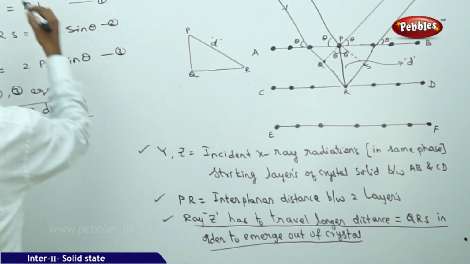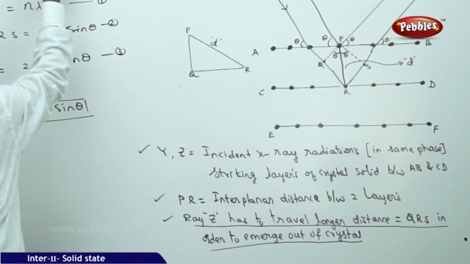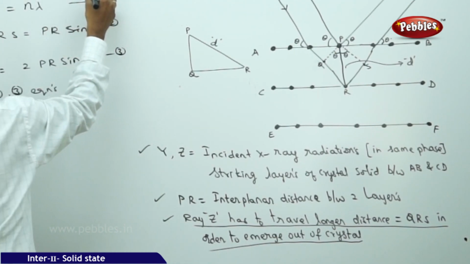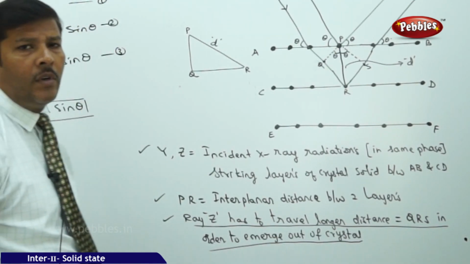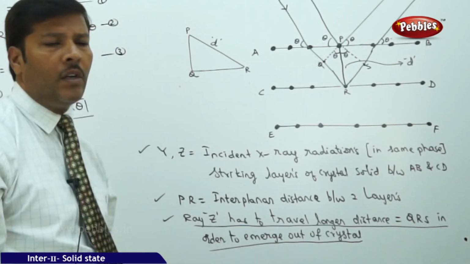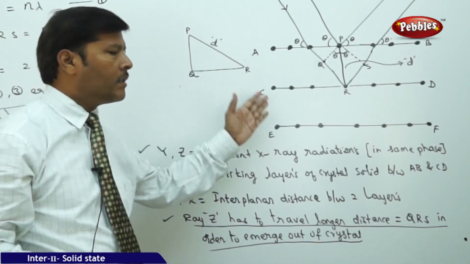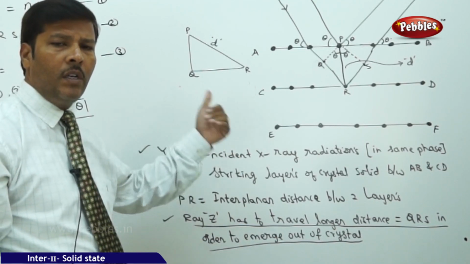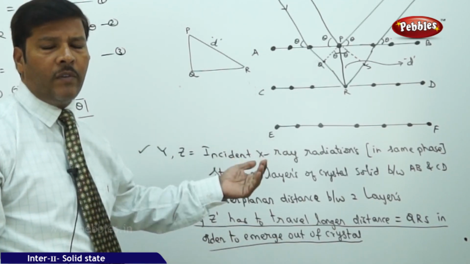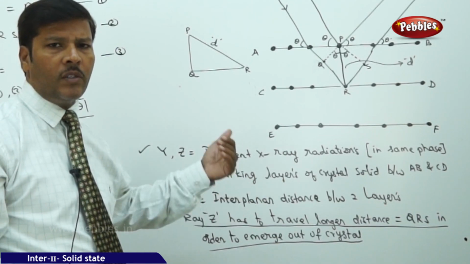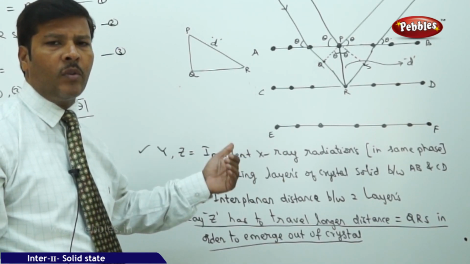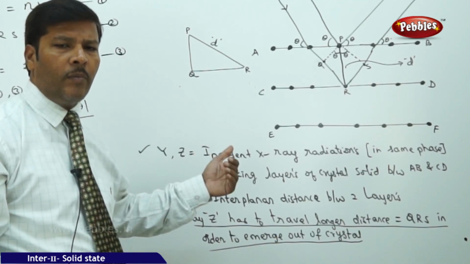Then we have to understand that after reflection the difference in distance travelled by the two rays must always be equal to the integral multiple of n into lambda, where n is the order of the crystal. Order of crystal means whether a given crystal is following the first order, second order, third order. If n is 1, the crystalline solid contains only one crystalline plane. If n is equal to 2, it contains two crystalline planes.